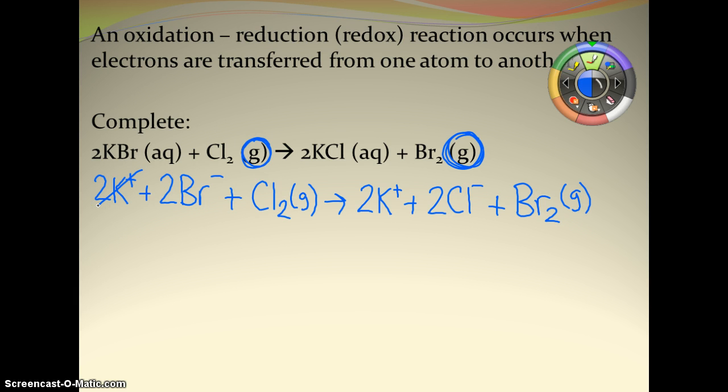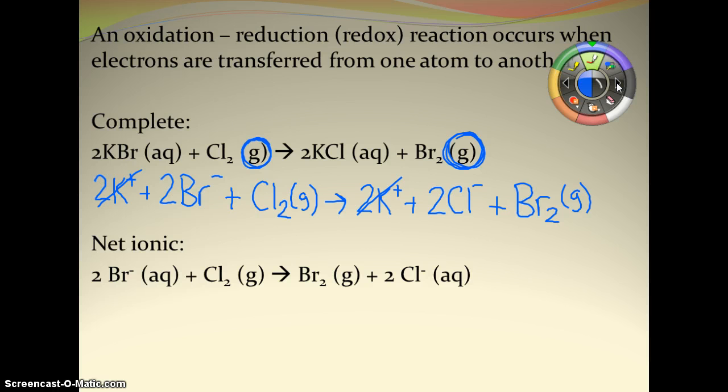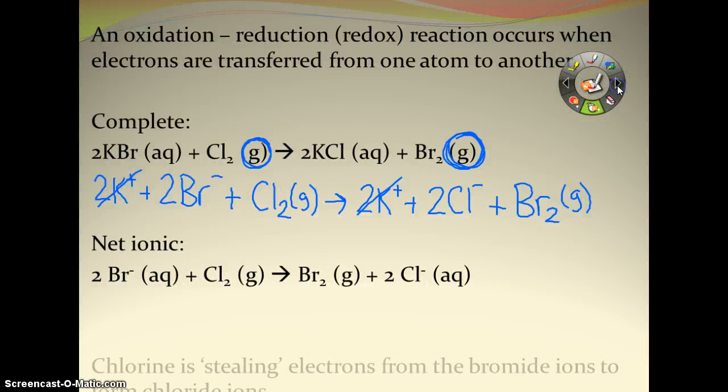That's going to be the potassiums, and that's it. So your net ionic equation is going to leave you with the 2 bromide plus chlorine yielding 2 chloride plus bromine. Now, the products are in a different order, but it is the exact same thing that we have written.